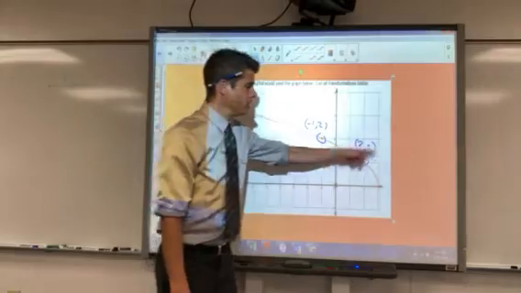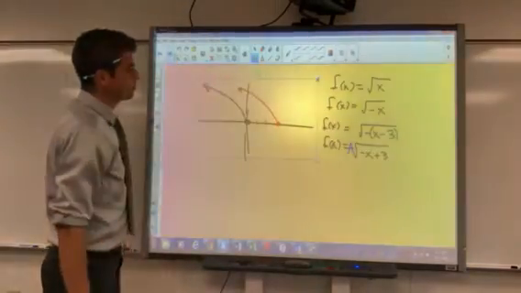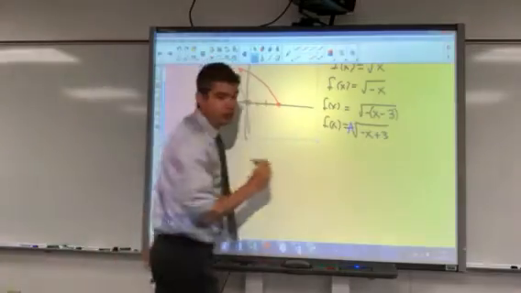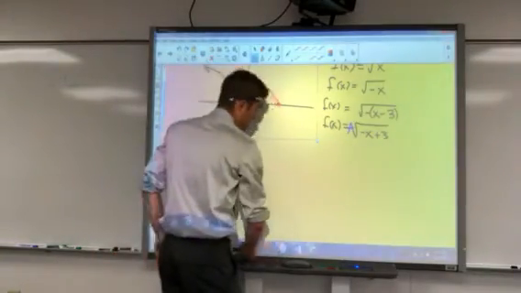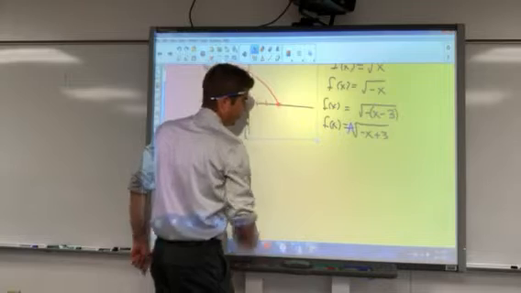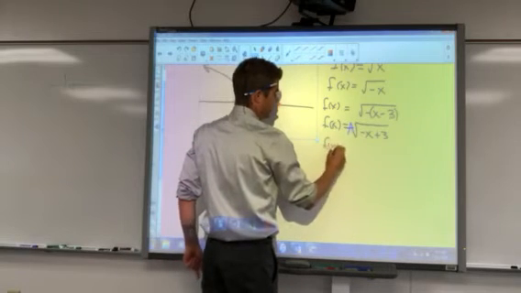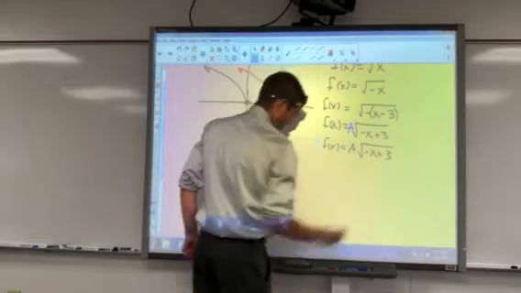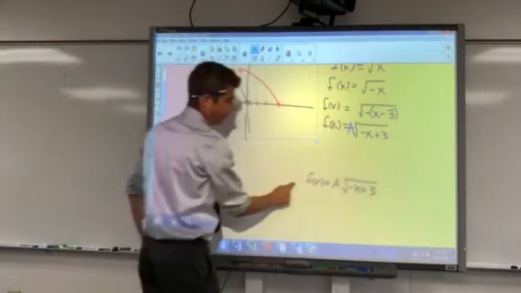So I'm going to use this test point (2, 1), and I'm going to substitute that into my function to see what my coefficient a should be. So I know f of x equals a times the square root of negative x plus 3.